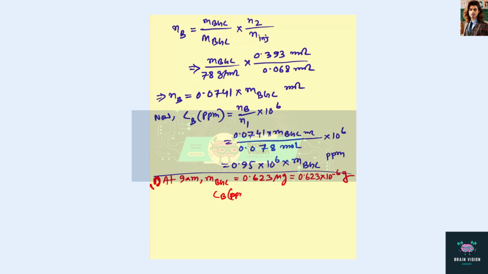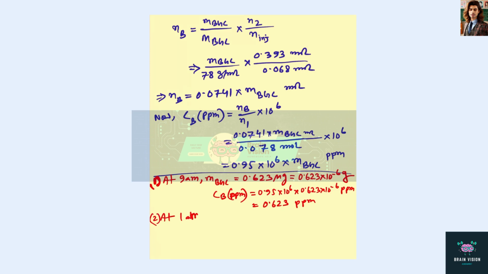Therefore, the concentration of benzene is 0.623 ppm.